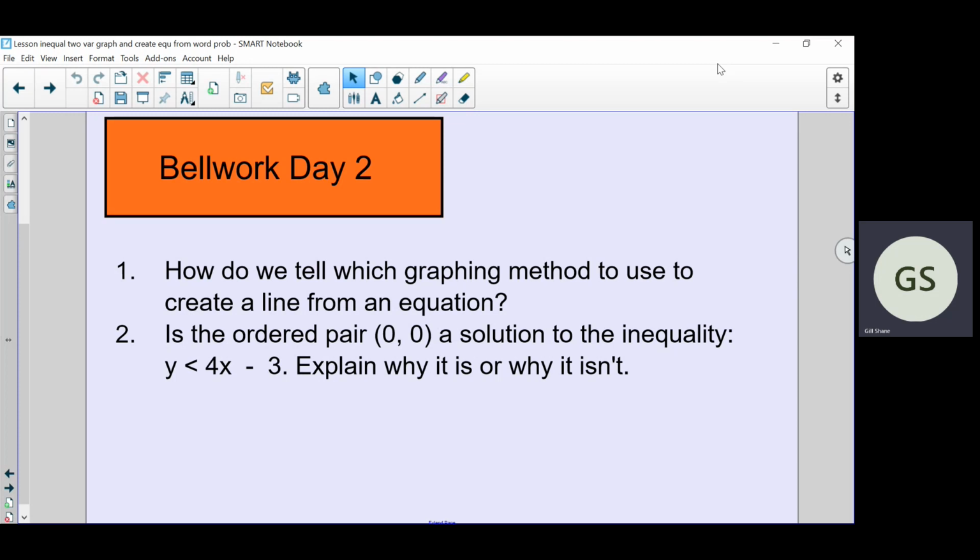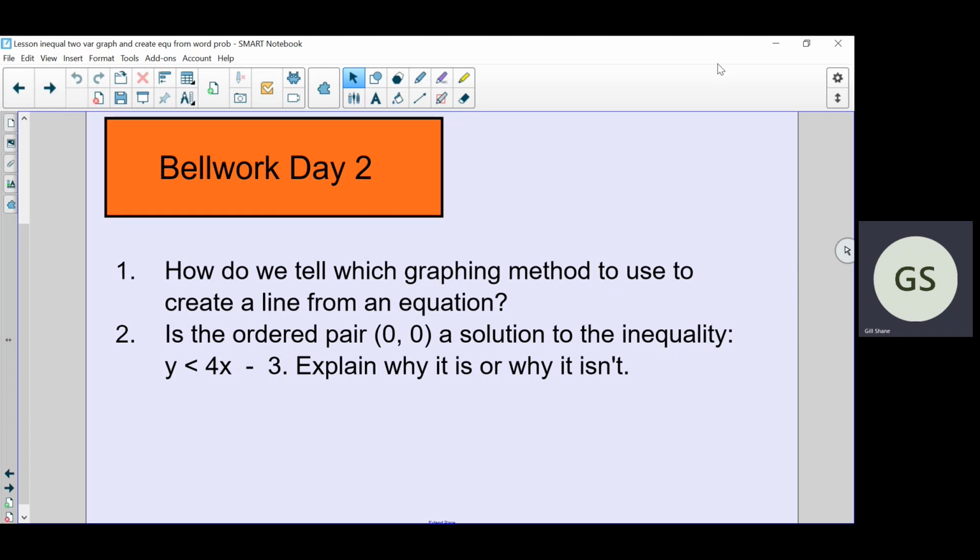How do we tell which method to use, which basically means, do we use the yellow sheet or the white sheet? You are looking for the y variable. So here's an inequality. Doesn't matter if it's an equation or an inequality, it's still the same thing. You're looking at that inequality or that equation, and you're finding the y variable.